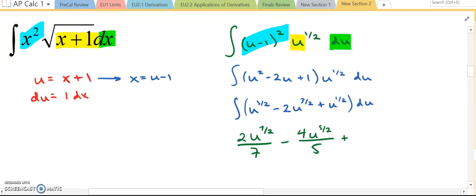The next one, 2u to the 3 halves over 3 plus c.